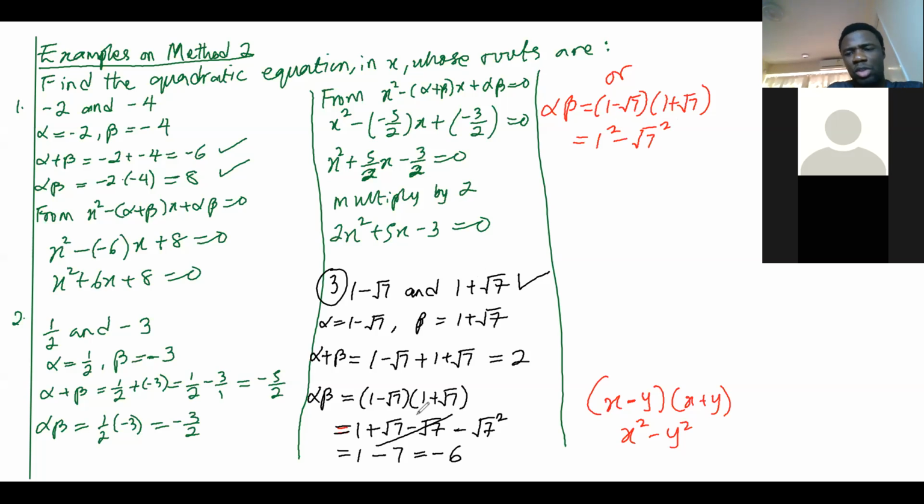You don't have to go through the process of expansion, which is 1 minus 7, and that is negative 6. So either you expand and show me these 4 steps, or you use difference of two squares. But if I'm using difference of two squares, I have to see this first.